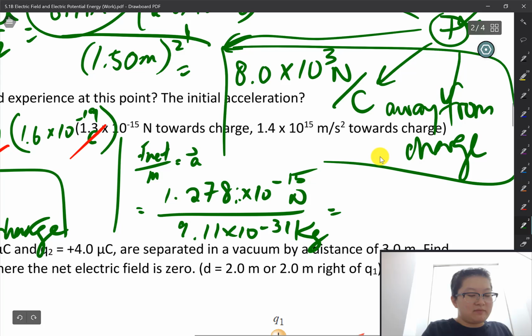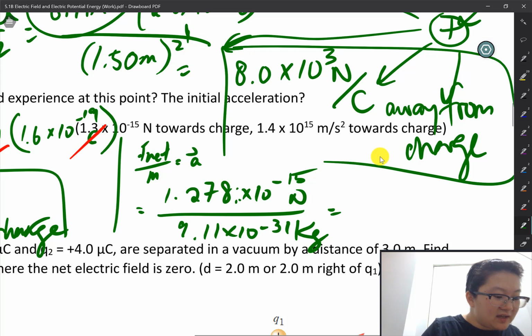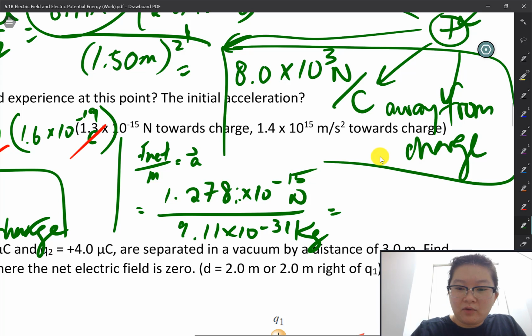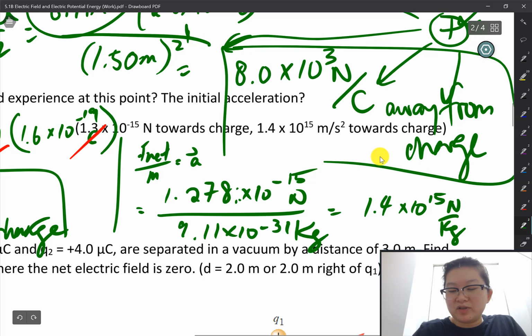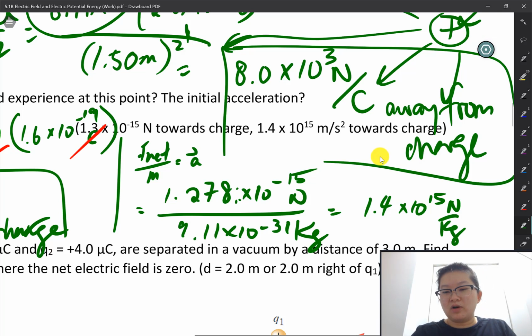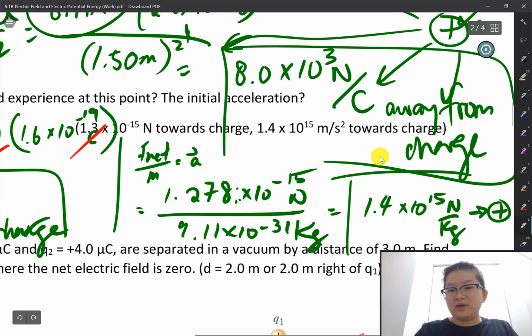And no, you're not required to memorize that number. Okay, so after I put this in, I get, rounded to 2 sig figs, 1.4 times 10 to the power of 15 newton per kilogram, or meters per second squared. And again, it's going to be towards the positive charge. Running out of space, okay? So there we go.